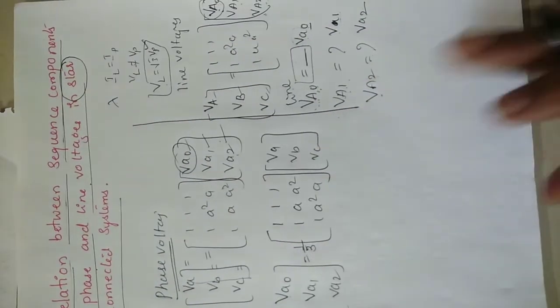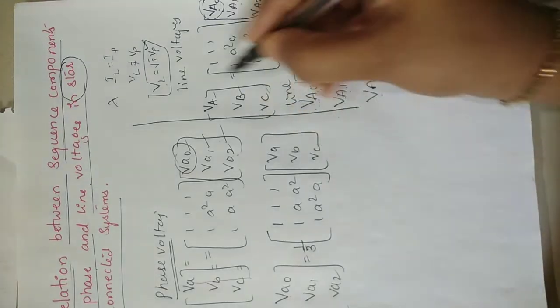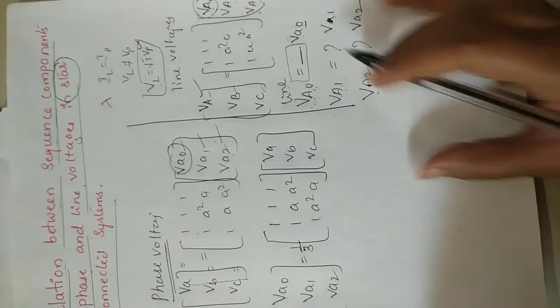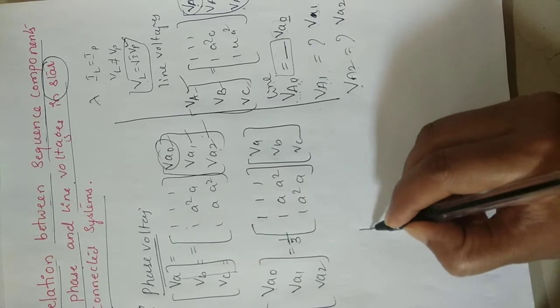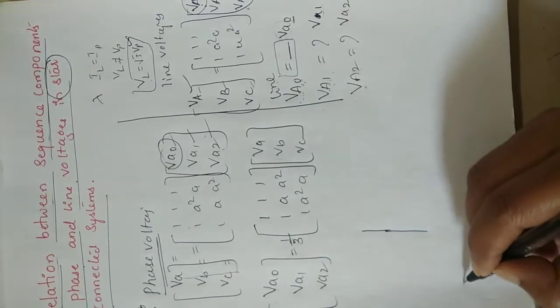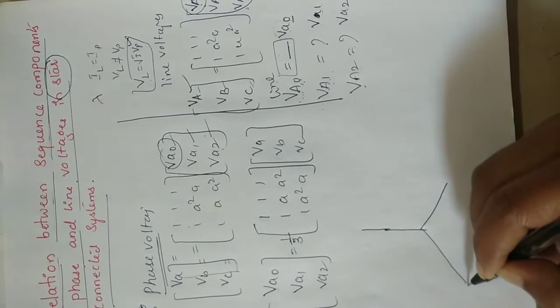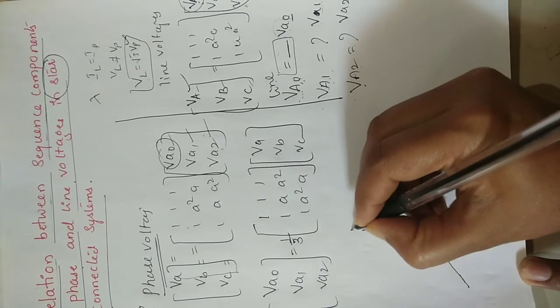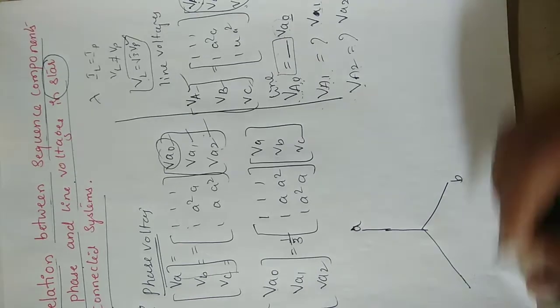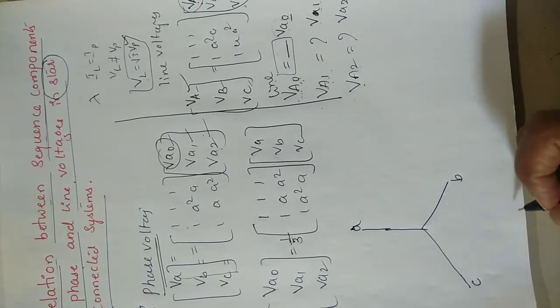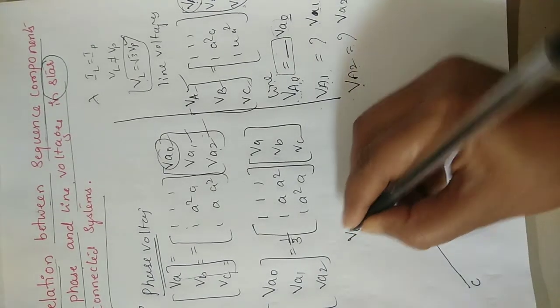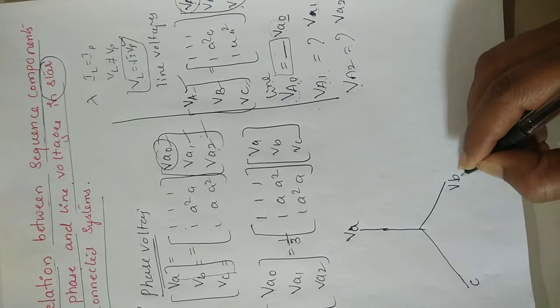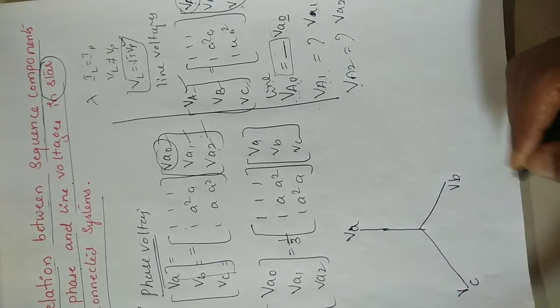So let's first express line voltages in terms of phase voltages. Consider a three phase star connection which is balanced. If it is A, it will be B, then C sequence, right? This is VA phase voltage, VB phase voltage, VC is also a phase voltage.